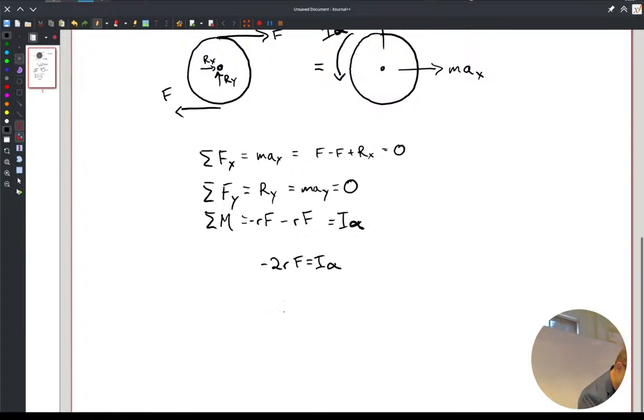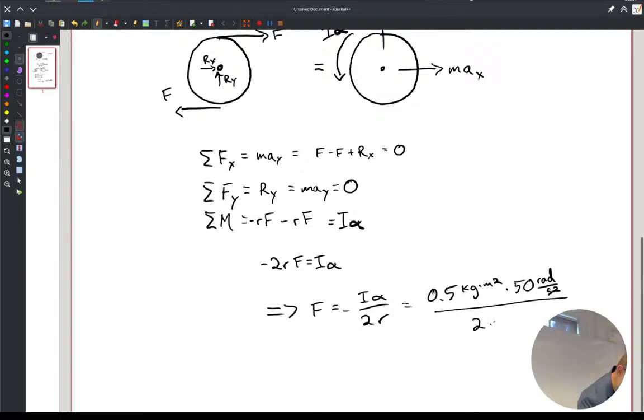Now we can plug it in and say F is I alpha over 2R, and then I think, what was that, 0.5? And 50. Half of 50, 25, half again, 12.5, and then times 10, 125.